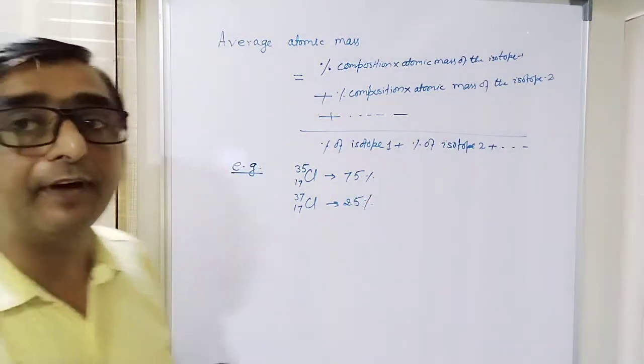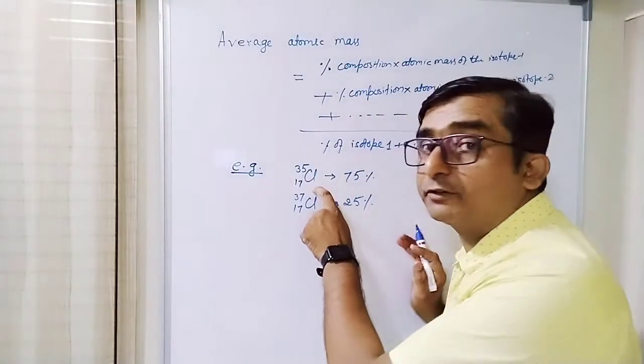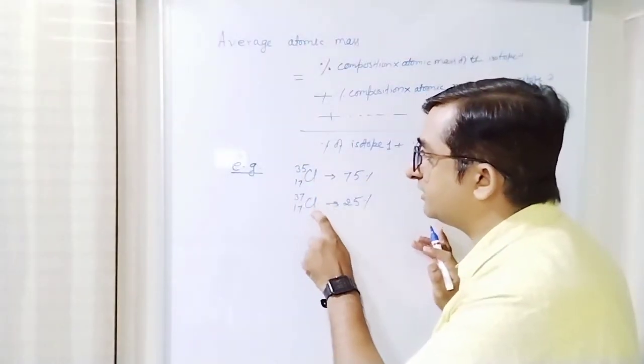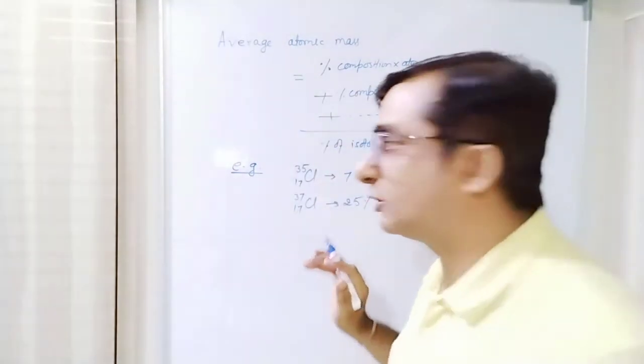So if you have been given the percentage of chlorine-35 and the percentage of chlorine-37, from this we can find the average atomic mass of chlorine.